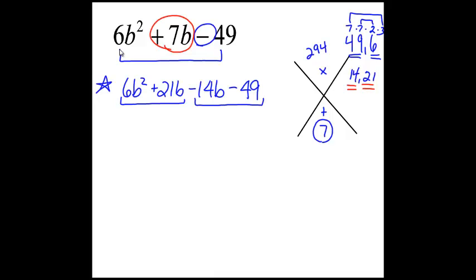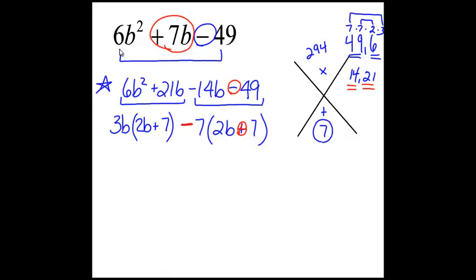So the GCF of the first binomial is 3b, and when I factor that out, I'm left with 2b plus 7. My second binomial here, I'm going to factor out a negative 7, which gives me 2b, look at that, plus 7. Be careful with this plus here because of the fact that this is a minus 7 out there and this is a minus.